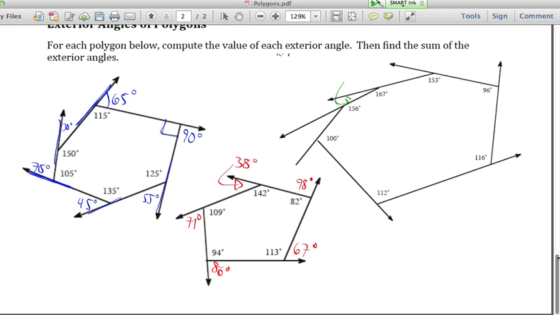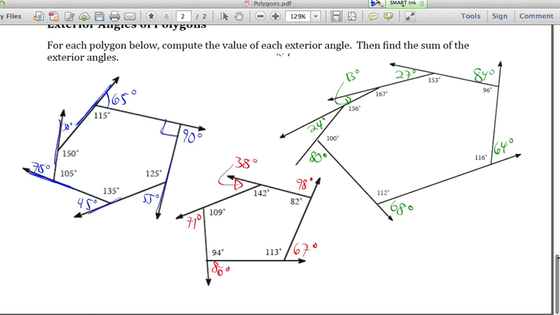And I find that this angle here is 13 degrees, 27, 84, 64, 68, 80, and 24.